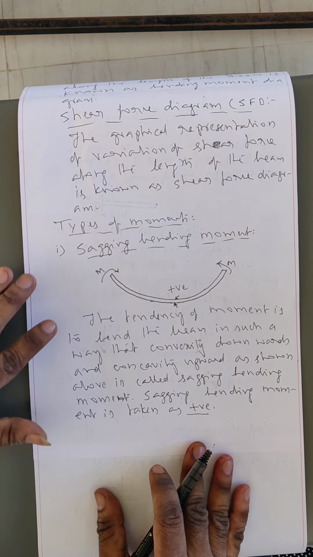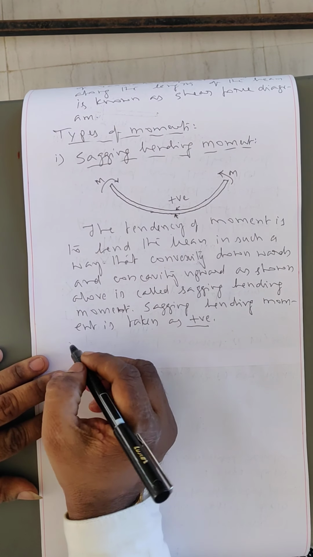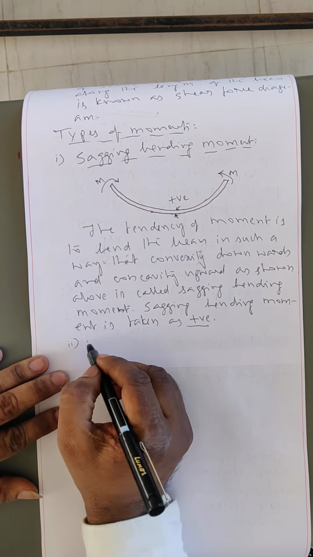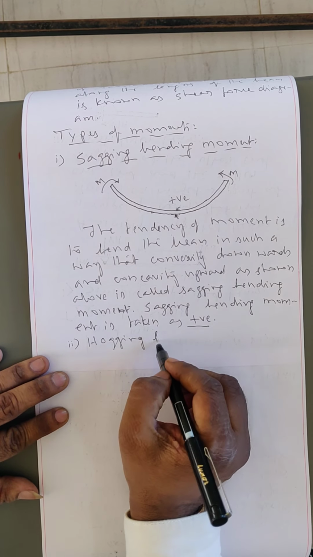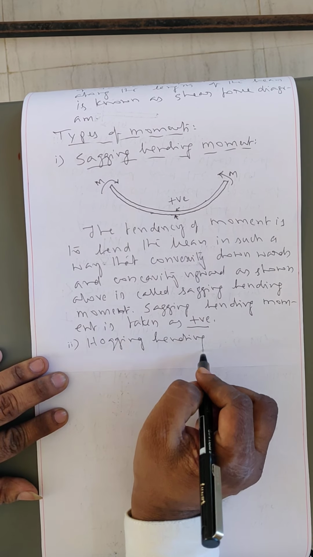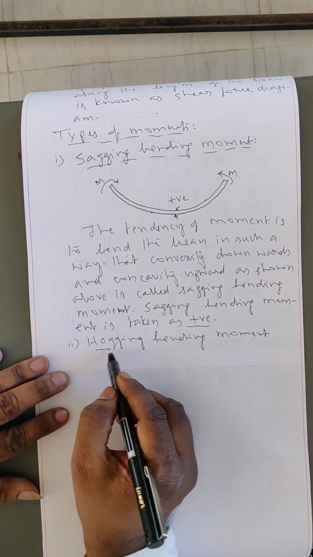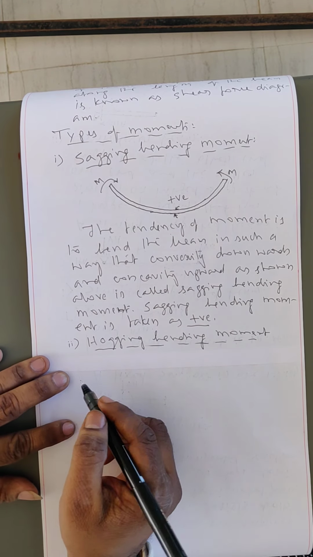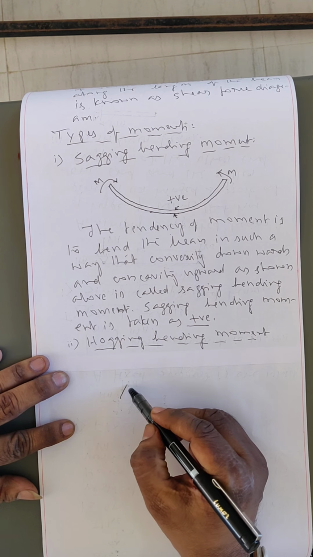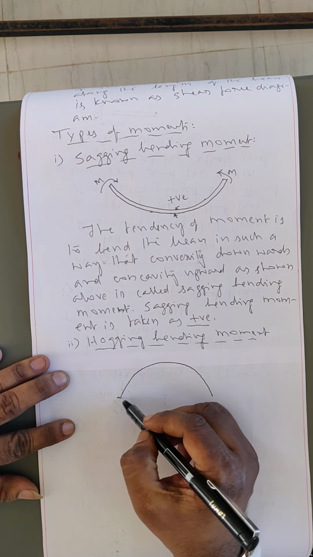Next one is hogging bending moment. Hogging means it is like this.